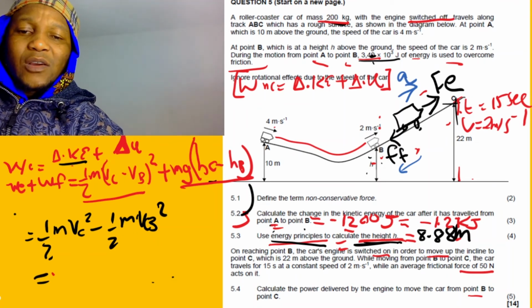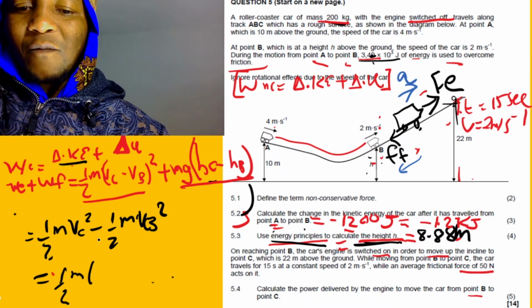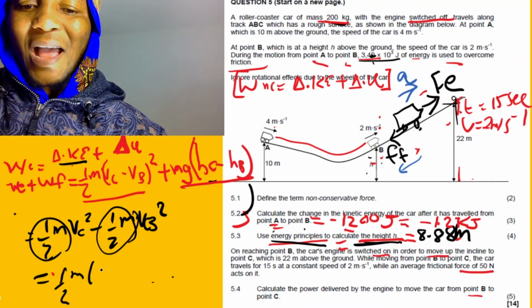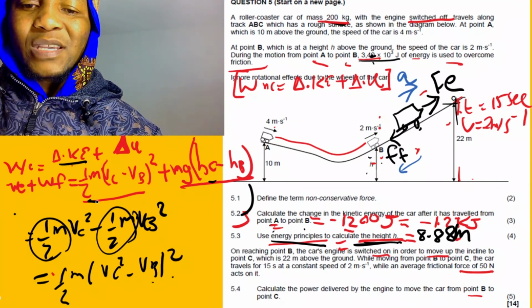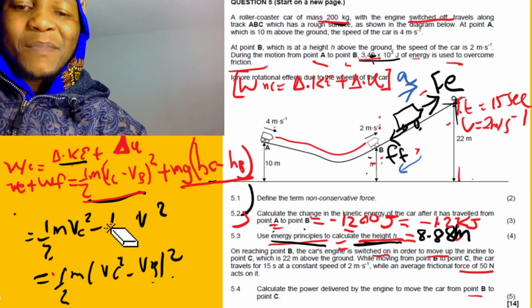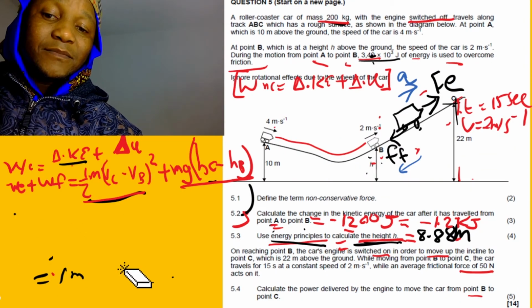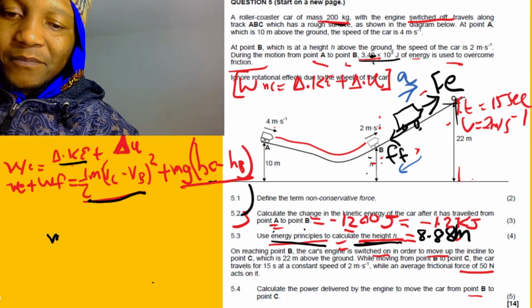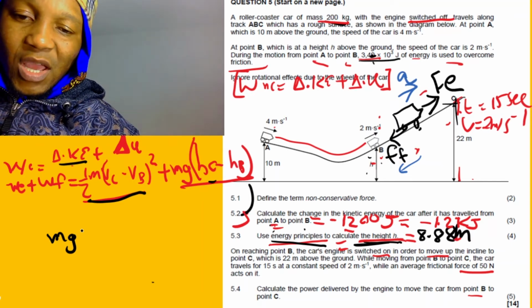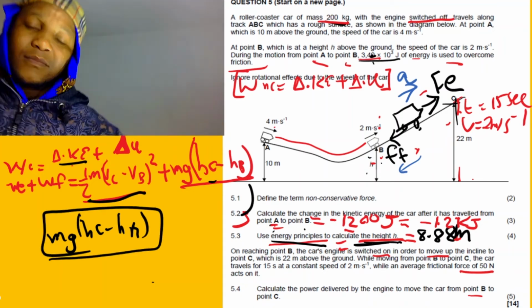So the half and mass are constant, we factor them out, and there's going to be velocity at C squared minus velocity at B squared. That's how this comes about. Same with the potential energy: it's m g h, and the only thing is h final at C minus h at B. You see what I'm saying?